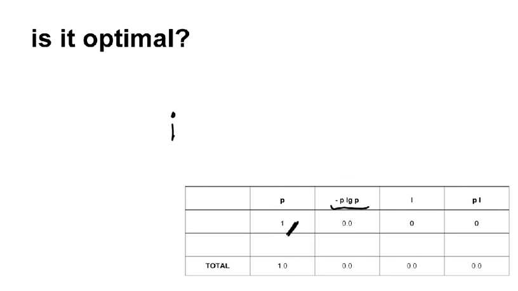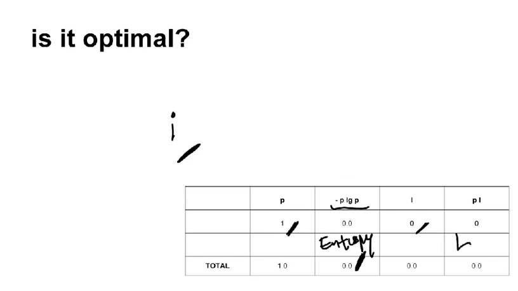There's no information in there, right? And the length of the code is 0 because there is no edge in this particular tree, no edge at all. So it means that the average length of the code will be 0.